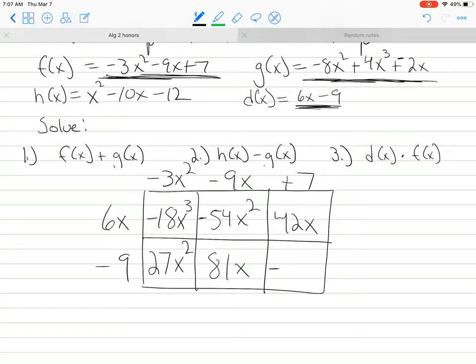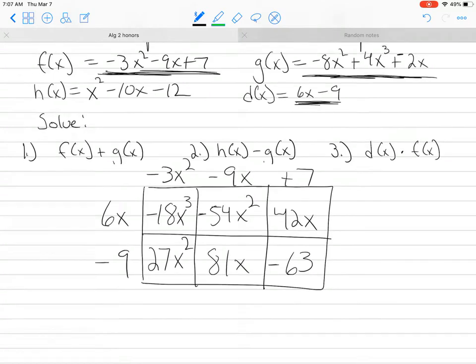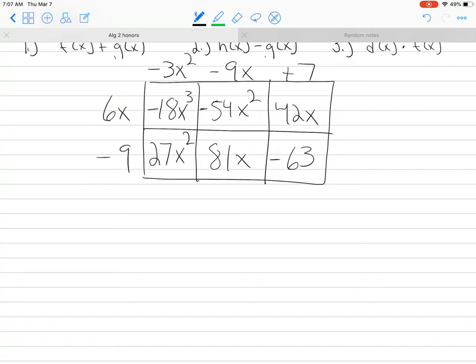This becomes negative 63. All right. Check the boxes that you created and see, do your terms match my terms? Hopefully they do. And then now basically we have to put them all together. So x cubed still seems to be my biggest term. So I have cubes, I'm going to go squareds, I'm going to go x's, I'm going to go regular numbers.